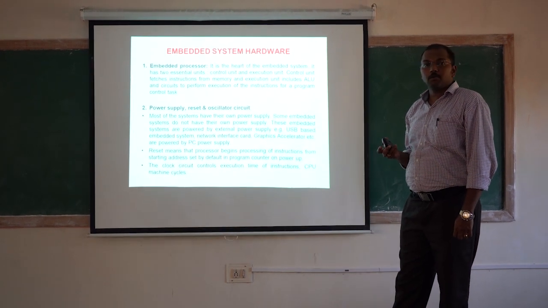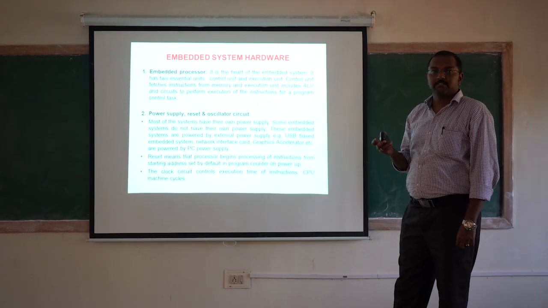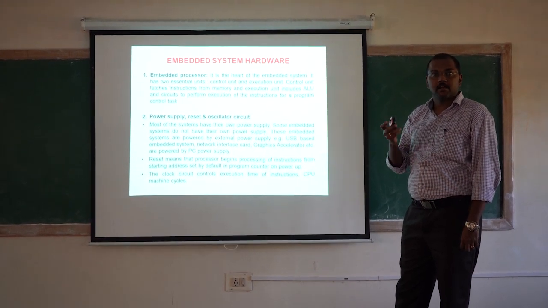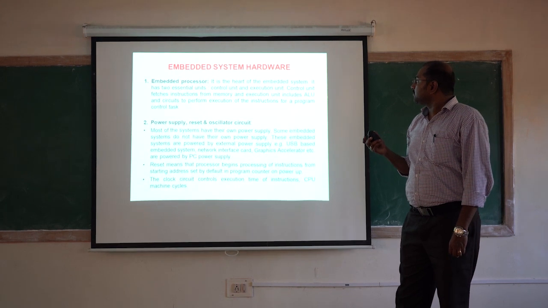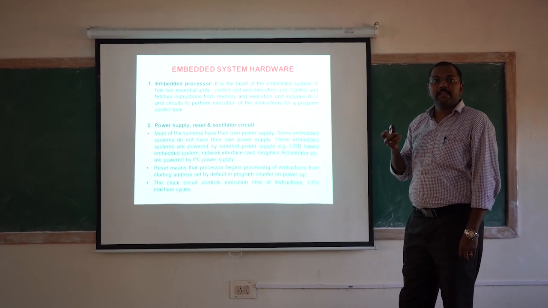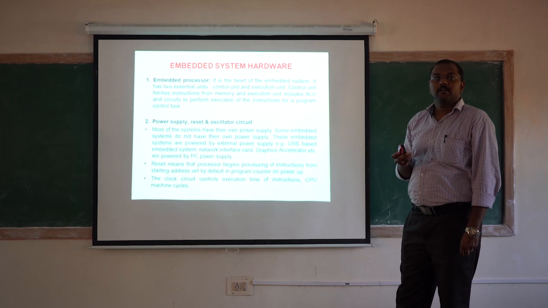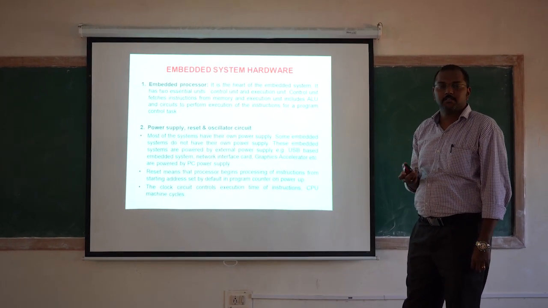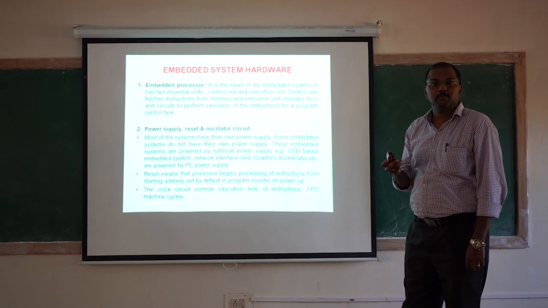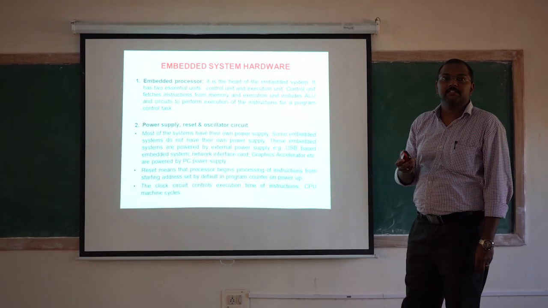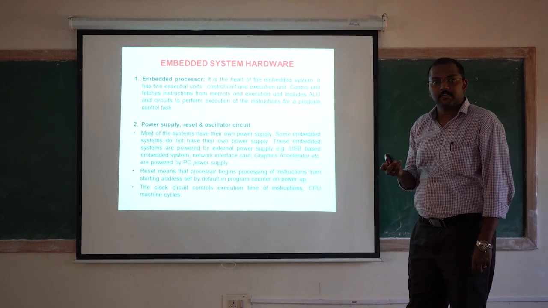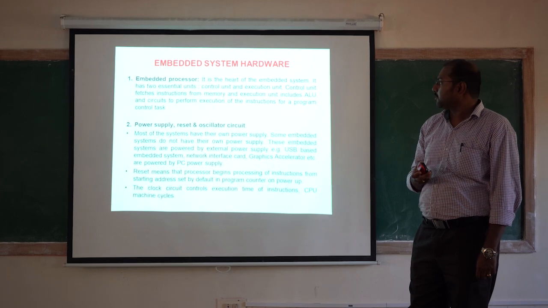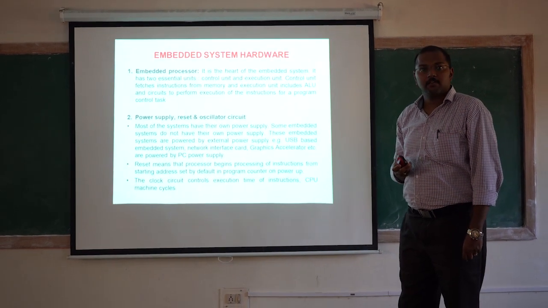The control unit controls all the operations that take place on the address bus, data bus and control bus. The execution unit executes instructions. ALU, as you may know, is the arithmetic logic unit, which performs addition, subtraction, multiplication and division. All types of arithmetic operations are carried out. So that is one of the modules.